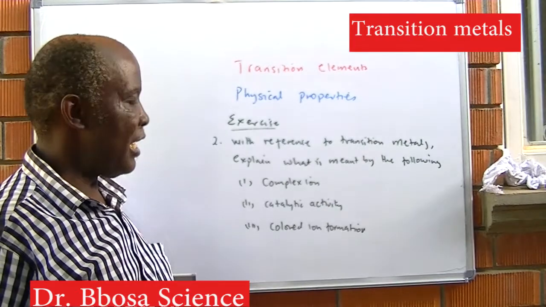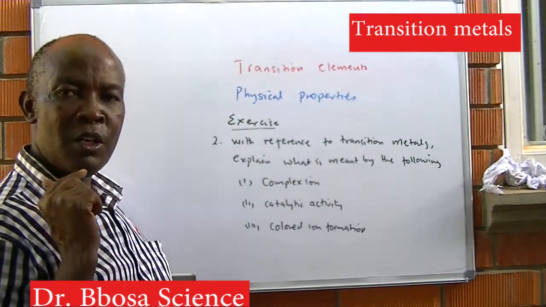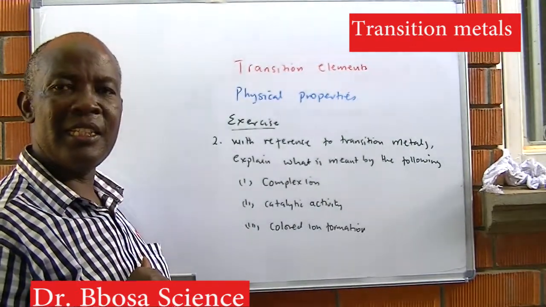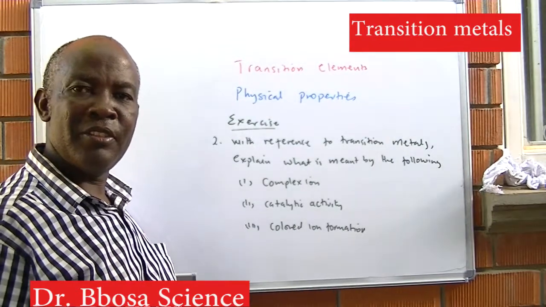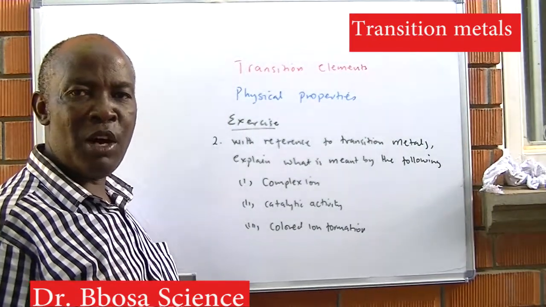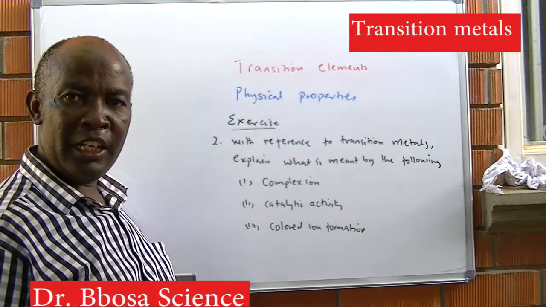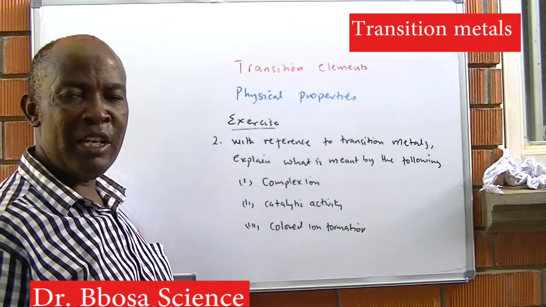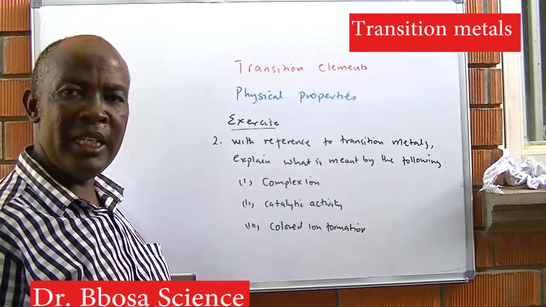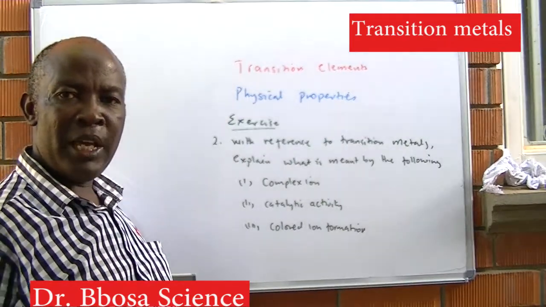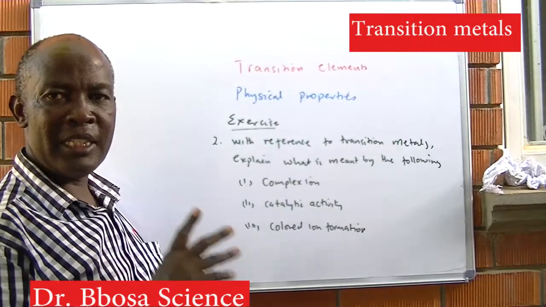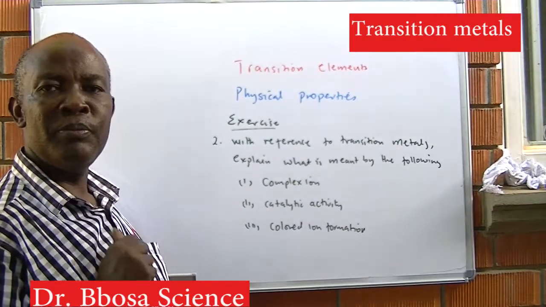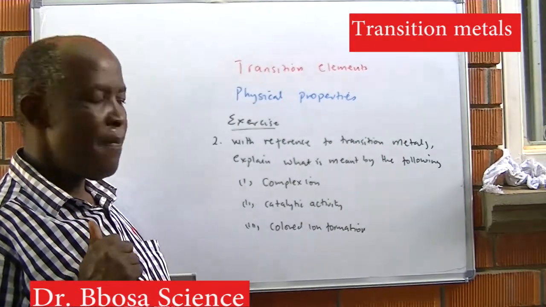Transition metals are able to form complex ions because they have high charge density to attract electrons from ligands, and they have empty d orbitals to accommodate a lone pair of electrons from ligands to form dative bonds.